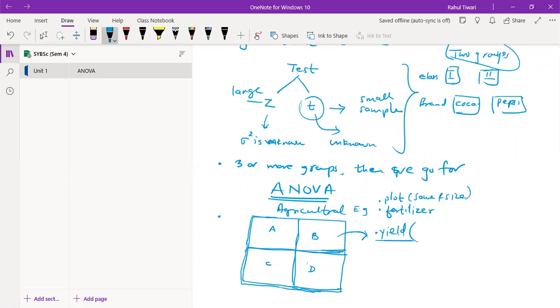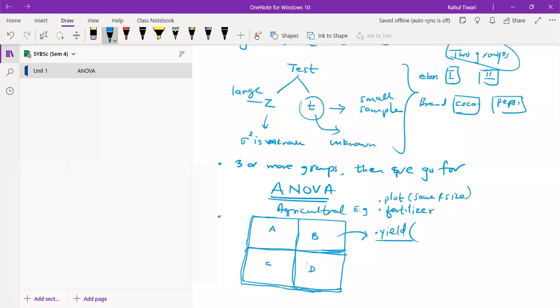Just try to understand these statistical terms, because when you are solving different types of problems, you may not come across the same meaning. Like if I talk about a brand, say Coca-Cola, what amount of Coca-Cola do you drink?